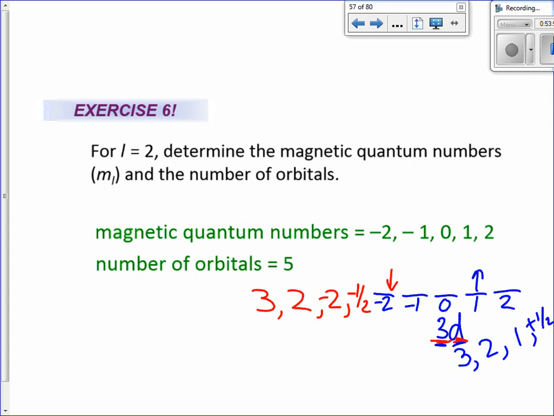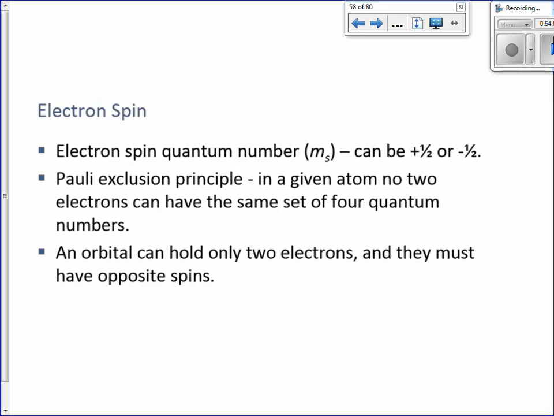We're going to look at the magnetic spin here, the 4th quantum number, in just a moment. Okay? So the electron spin number, M sub S, can be +1/2 or -1/2. Those are your only 2 choices. And this is where the Pauli exclusion principle came into play. Pauli exclusion: in a given atom, no 2 electrons can have the same set of 4 quantum numbers.